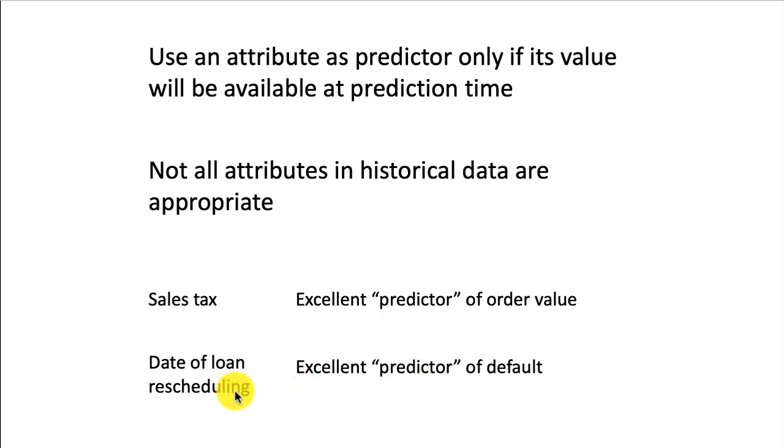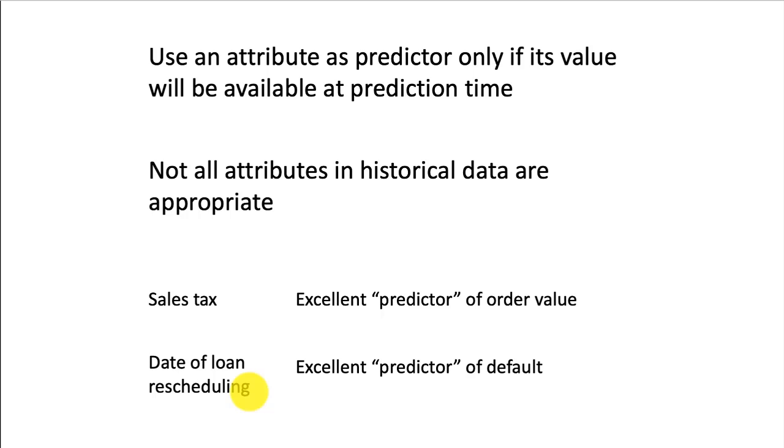So we cannot turn back and say, okay, if there is a value in this, then that's an excellent predictor of whether a person is going to default on a loan or have difficulty making timely payments, right? Because this information of date of loan rescheduling is not going to be available for prospective customers.